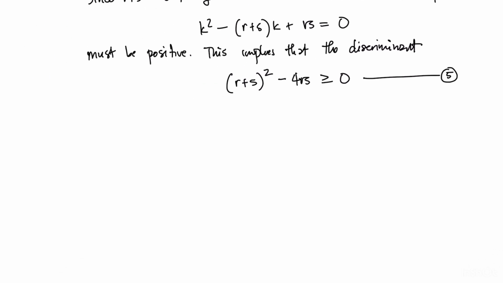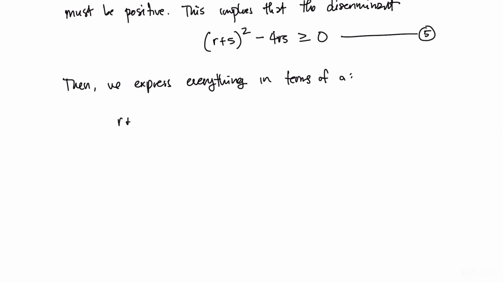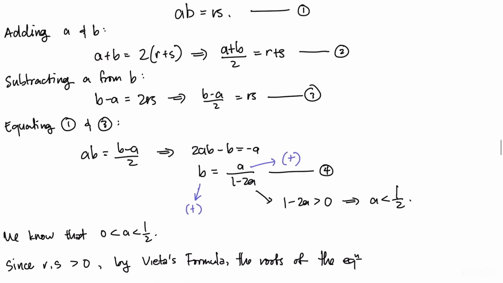Now, we express everything in terms of A. So recall that R plus S equals A plus B over 2 from number 2 here.